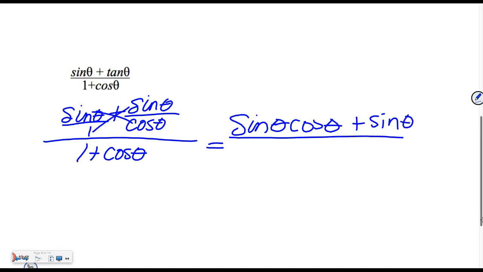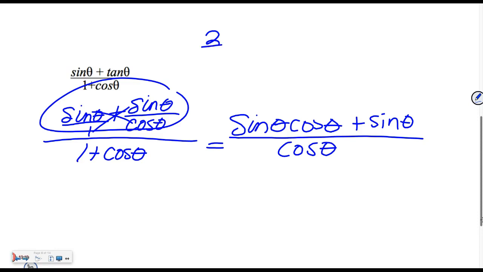What's my denominator going to be? Cosine theta. That's the top as a single fraction. But it's all over 1 plus cosine theta. So watch what happens. When there's a fraction all over something else, it collapses as a product. That 1 plus cosine is going to go here.